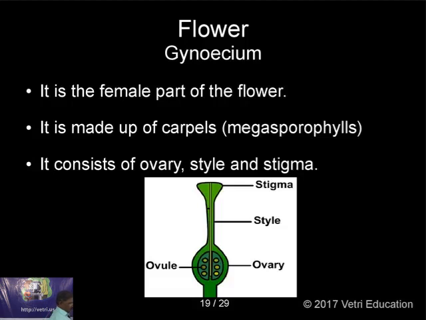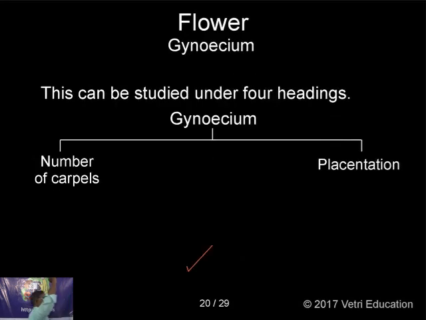After pollination and fertilization, the ovary becomes the fruit and these ovules become the seeds. So the gynoecium you can study under these two side headings: one is number of carpels, another is placentation.